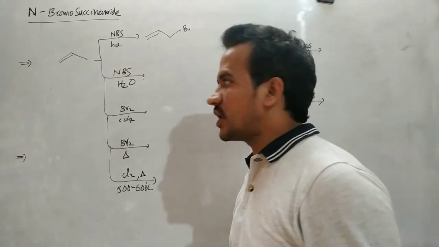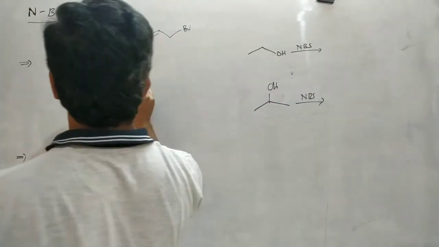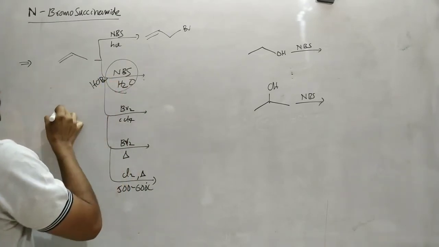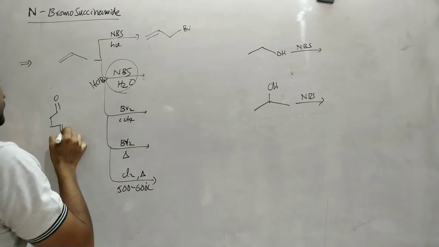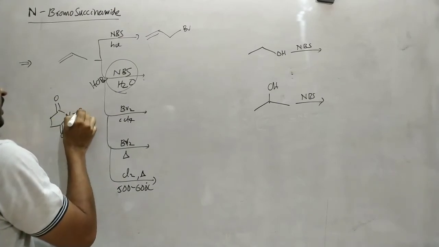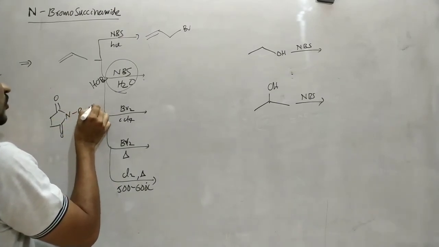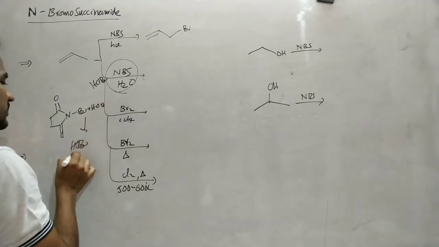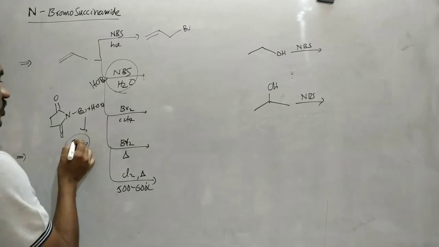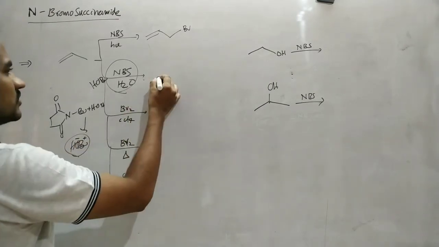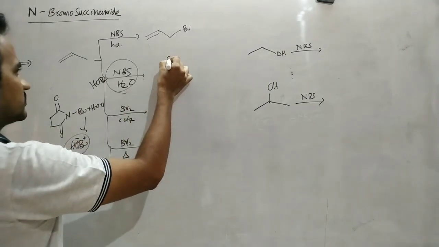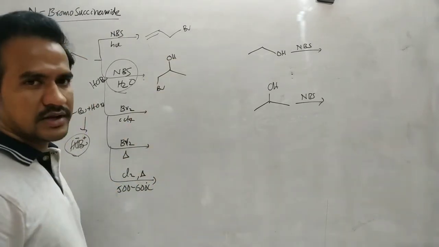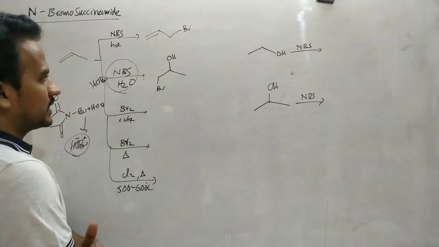If you take water as a solvent, it is the addition of HOBr, because N-bromosuccinimide adding water gives HOBr. So OH minus, Br plus follows a Markovnikov addition. It is a HOBr addition, and a bromohydrin is the product.